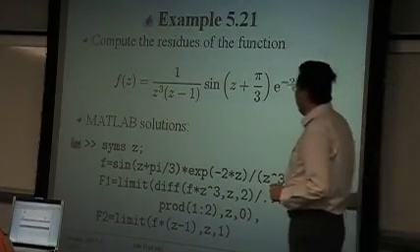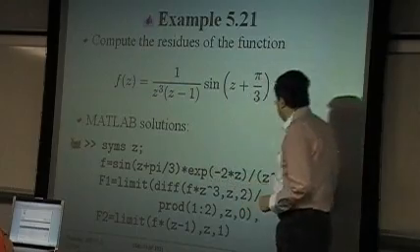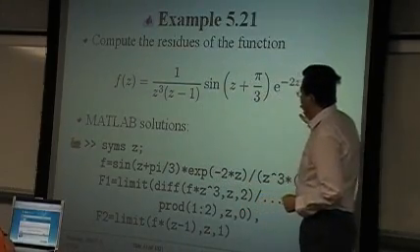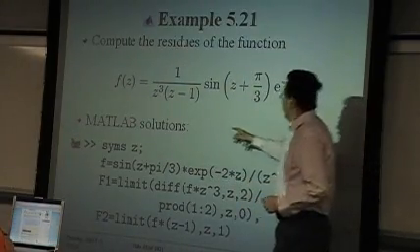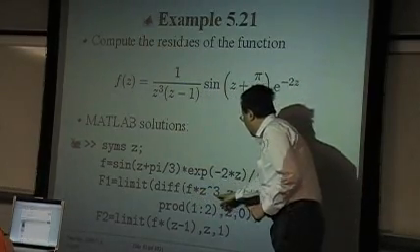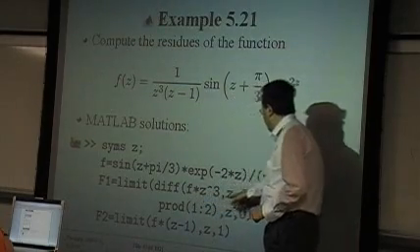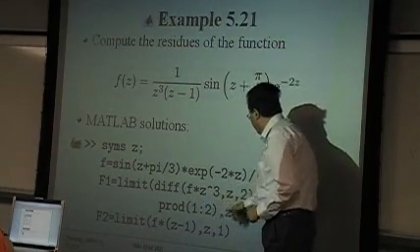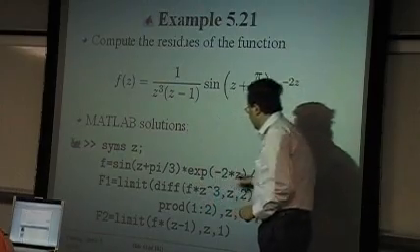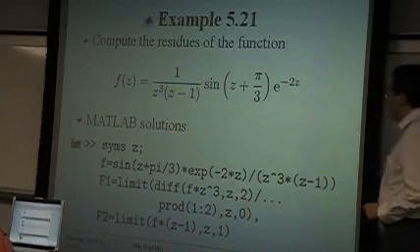First, we can declare the origin variable z and then express the original function. And then for z equals to 0, we have to process it with a multiple pole formula. We have f times z to the power of 3, take the second order derivative and divide it by the factorial of 2.